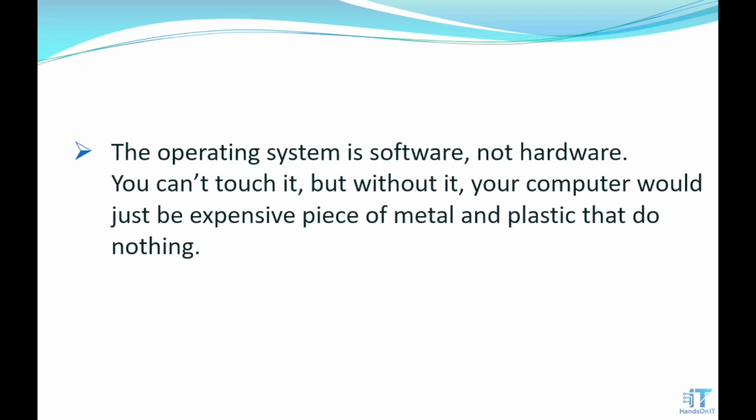In simple words, an operating system is software. It is not hardware. You can't touch the operating system, but without it your computer would be just an expensive piece of metal and plastic that can do nothing. Without an operating system, your computer is nothing.